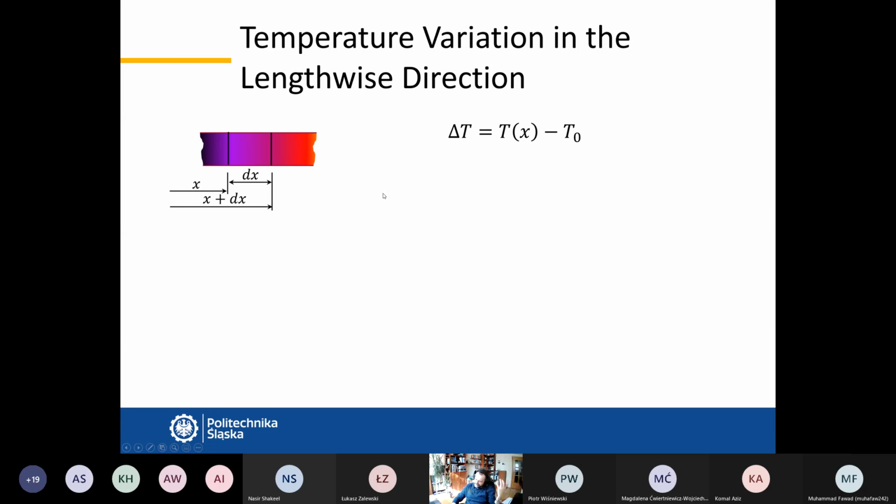How will it result in the behavior of the object? If we take an infinitesimal part of the material, a very, very thin slice, we see that there is a change, the colors show a change in temperature.